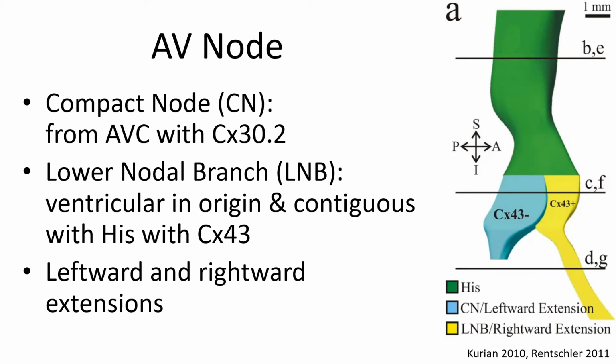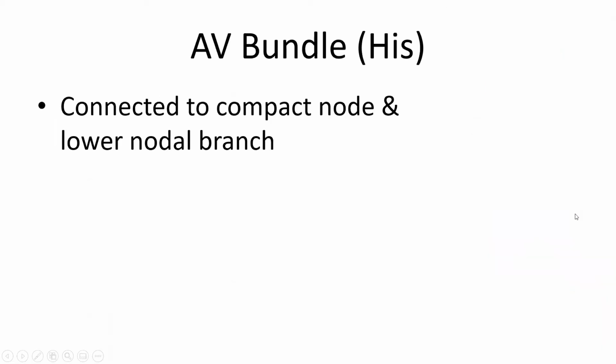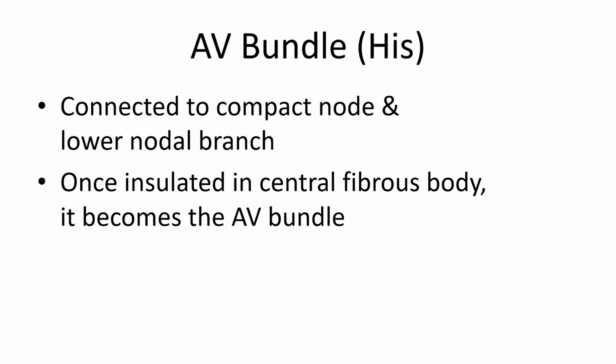And each of the compact node and the lower nodal branch have these little projections that project inferiorly, called the leftward and the rightward extension. And depending on who you talk to, this rightward extension may or may not be involved in AV nodal reentry tachycardia. So as this compact node and lower nodal branch extend, once that crosses the central fibrous body and becomes insulated, it becomes the AV bundle proper.